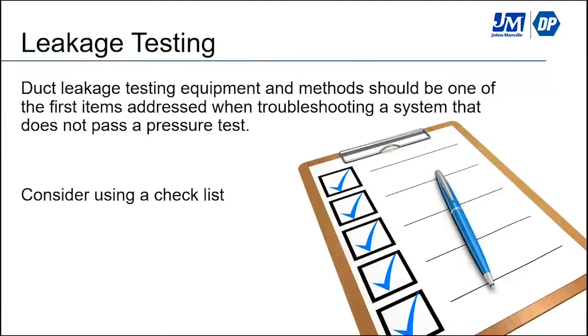The first thing, if you do not pass a pressure test, is to make sure the operator knows what they're doing. And then to make sure the equipment is in good working condition with no clogs in the manometer, and to make sure the orifice tube matches the chart and make sure it's fully calibrated. Again, I've got a full checklist that will walk you through leakage testing, along with all the sources of leakage that'll be available to you.